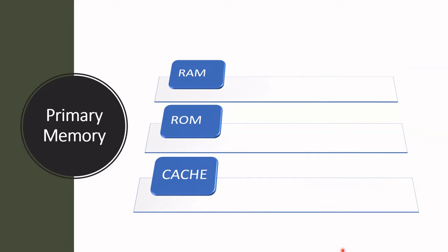Primary memory devices are built using semiconductors, and mainly they focus on the data that needs to be processed immediately. So it can't store forever. The data will be stored just for the time being.